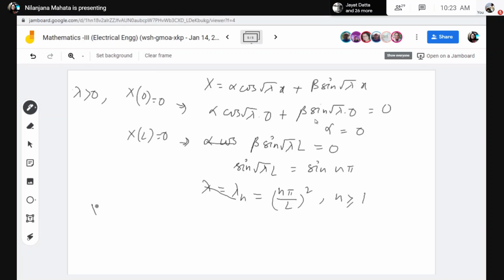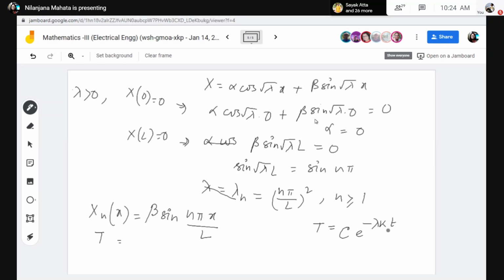So my solution X_n(x) will be, beta is non-zero, beta sine root lambda x, where root lambda is n pi by L. So this will be beta sine n pi x by L. And your T was C e to the power minus lambda k t.